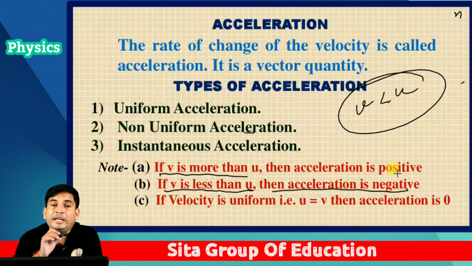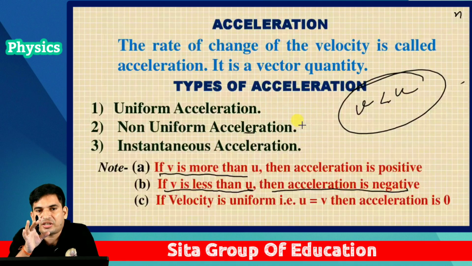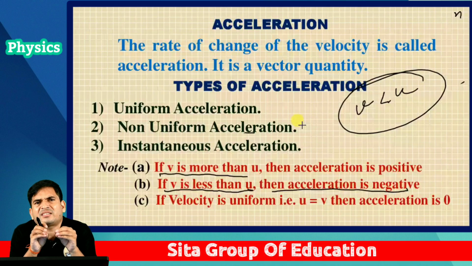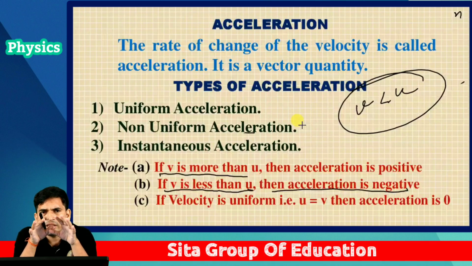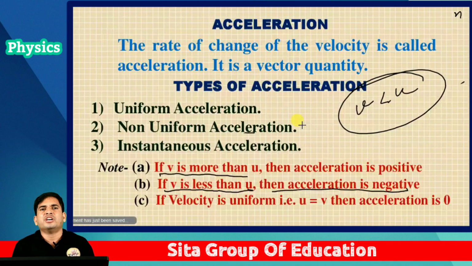Negative acceleration has other names too, which you have heard about: retardation and deceleration. It is known by these two names. The change in the velocity was increasing, and then suddenly it started to decrease.